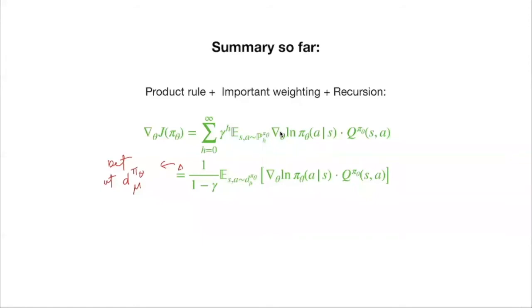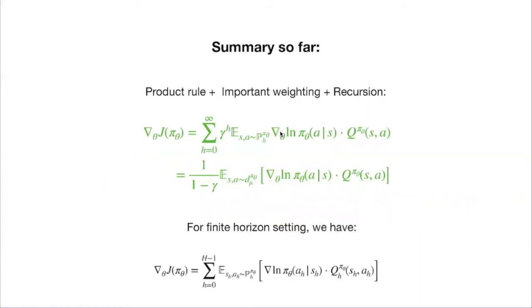All right, so now let's think about why this expression makes sense. What is it doing? For finite horizon, you can do the same process and you will get a similar expression, except that now your Q value is dependent on the time step.